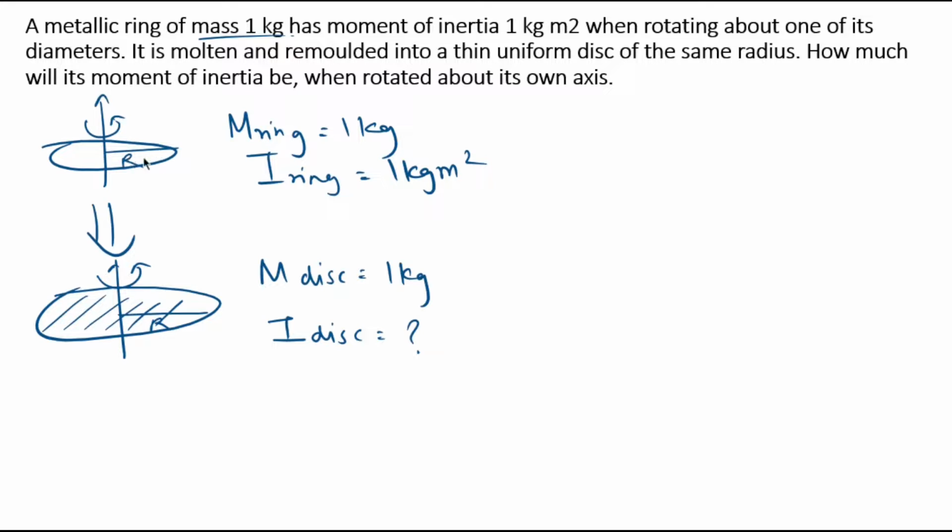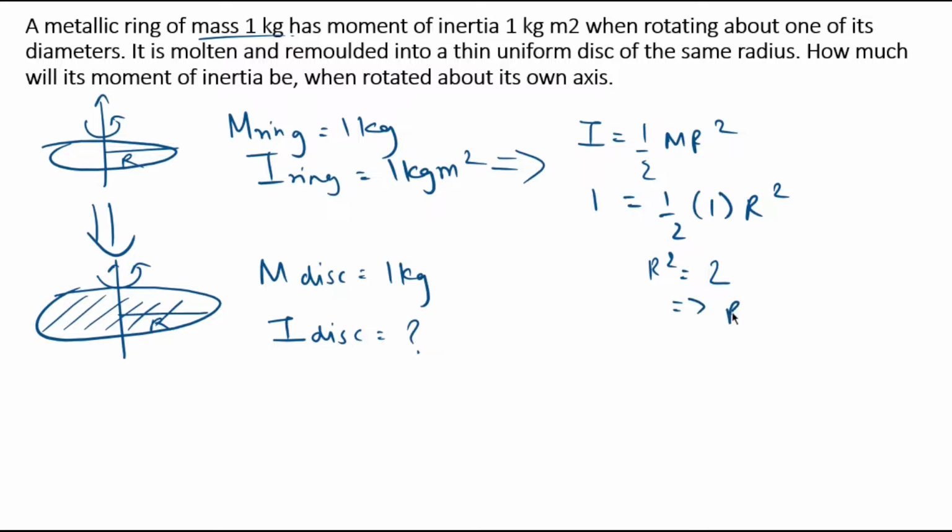Also one thing to note is that the radius of the ring and the disc is the same. So for this ring, moment of inertia about a diameter is given as half mr square. So 1 equals half, mass is 1 kg, into r square. So r square will be 2, which implies r is root 2 meter.